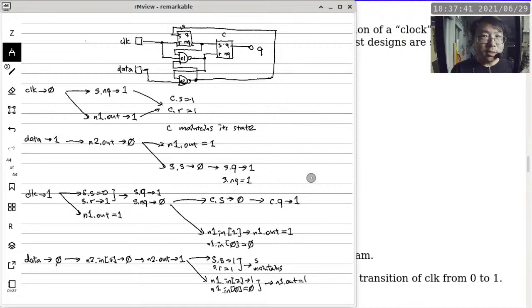So the edge-sensitive D flip-flop is special in the sense that the Q pin of the overall circuit is going to mirror the data pin only at the instant when the clock pin goes from 0 to 1. We call that a rising edge. So when the clock pin has a rising edge, right at that moment, the Q pin will follow or mirror the data pin.